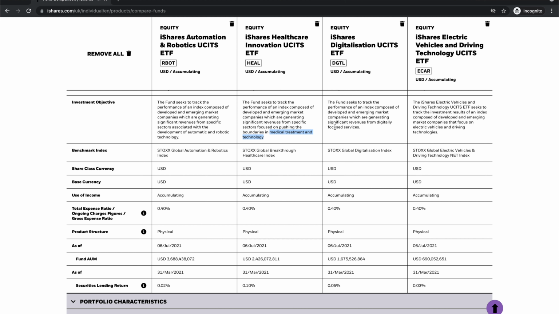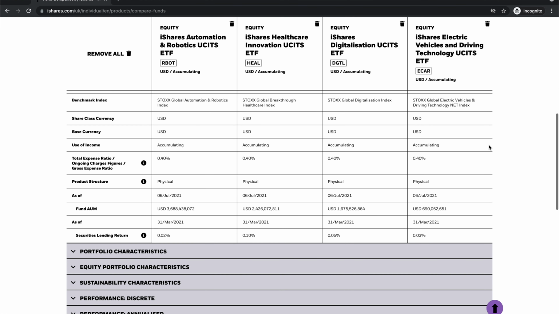And we have the next one for digitalization, again similar description, but this one tracks companies that generate significant revenue from digitally focused services. And lastly, the electric vehicles and driving technology ETF tracks an index composed of companies that focus on electric vehicles and driving technologies. Okay, very similar description. They all track an index, and then what's changing here is that each index tracks a different group of companies depending on how they generate their revenue.